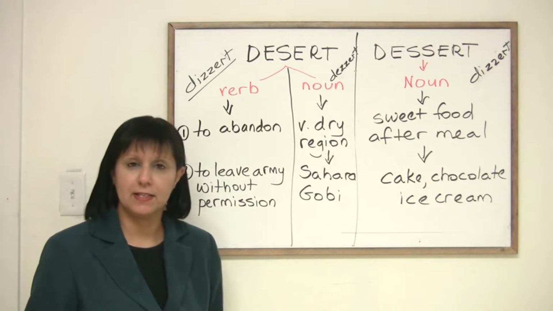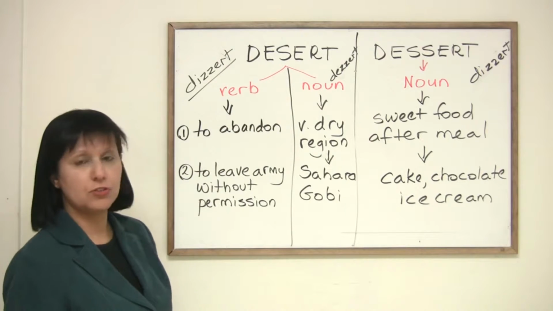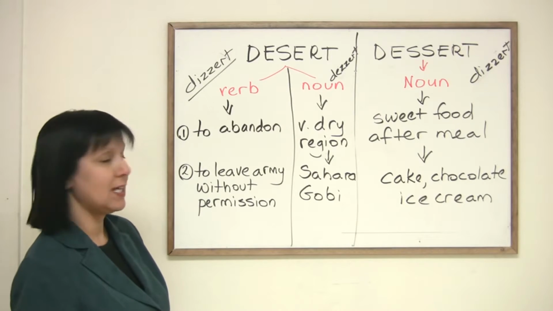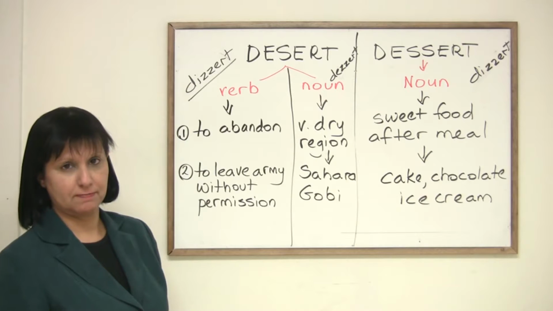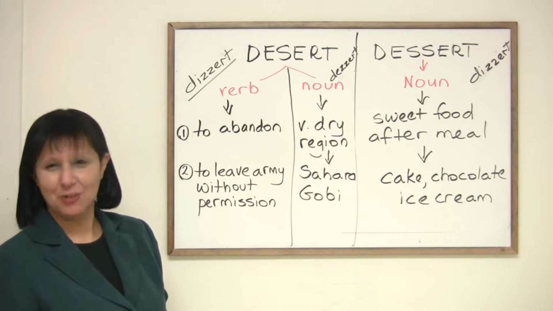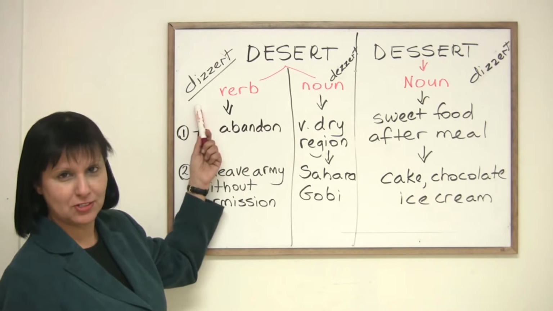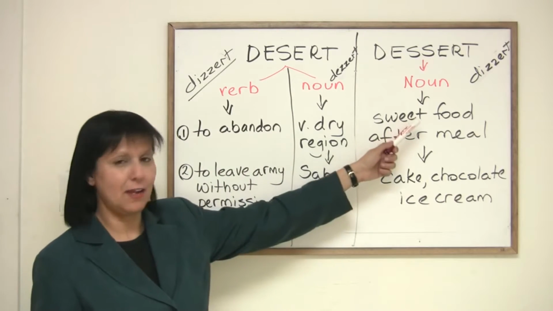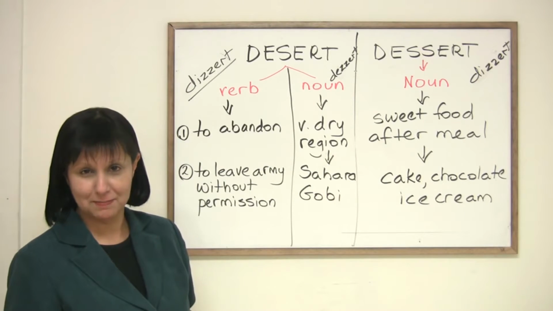Before we complete the lesson, I just want to also point out that this word is also a verb. Alright? Now, when it's used as a verb, then we pronounce it desert. Alright? I know that might be confusing because this verb, desert, to desert someone, and this noun, dessert, sound basically the same, right?